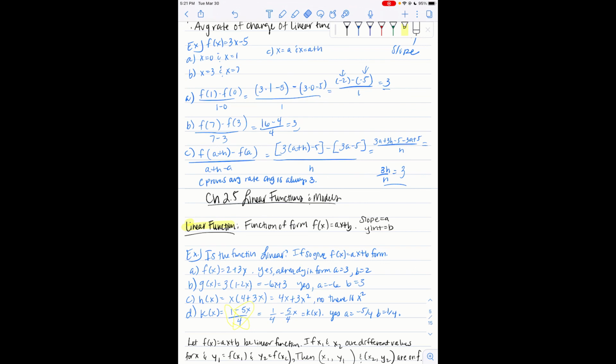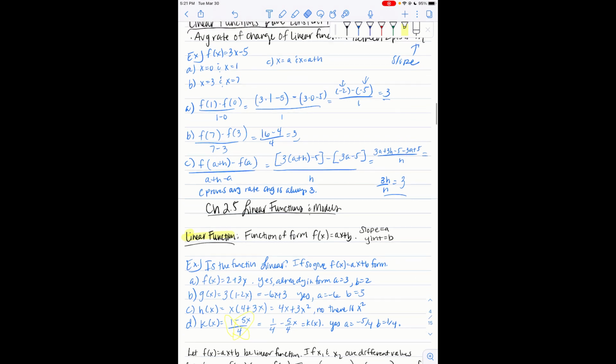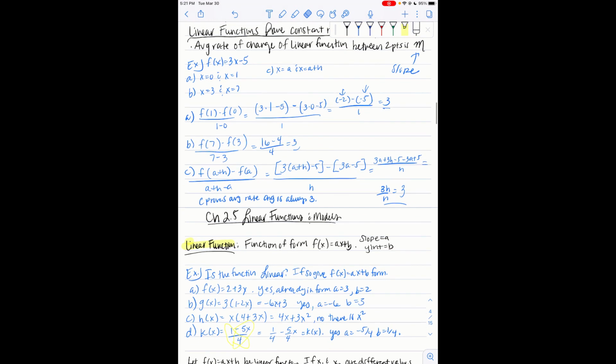And here I'm going to do the difference quotient again. So part C of this problem, doing the difference quotient, proves that the average rate of change is always going to be 3, because we're plugging in arbitrary values and not specific numbers.